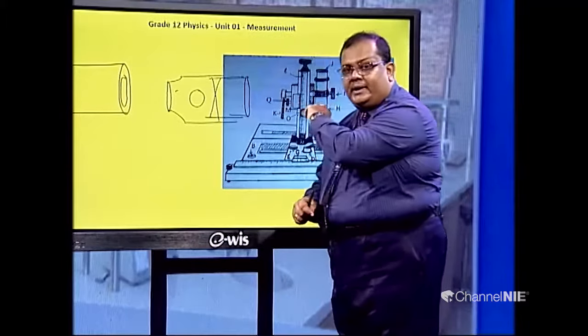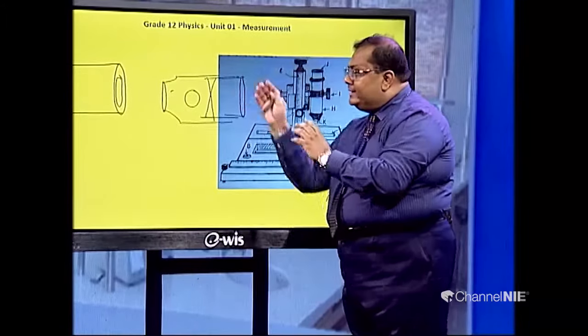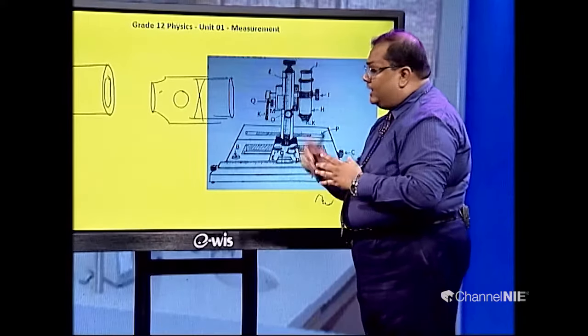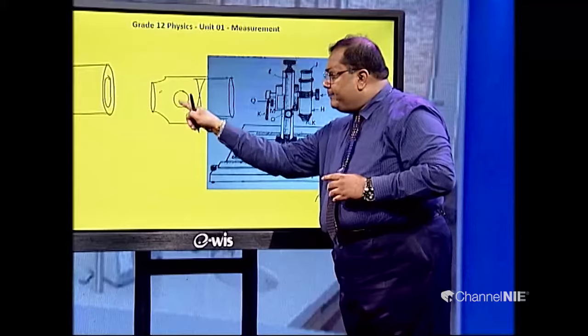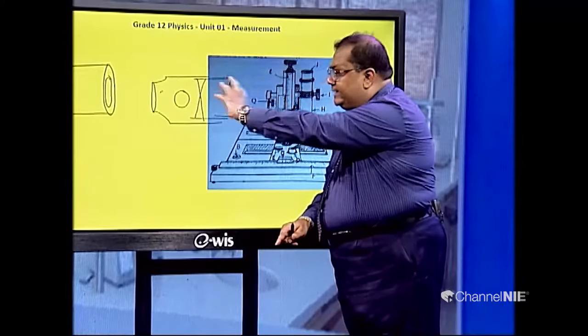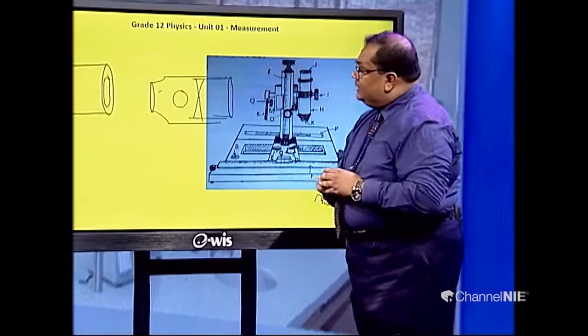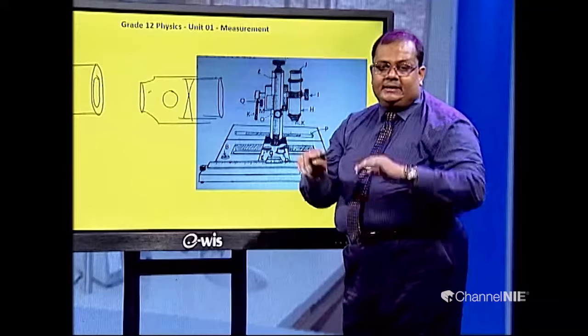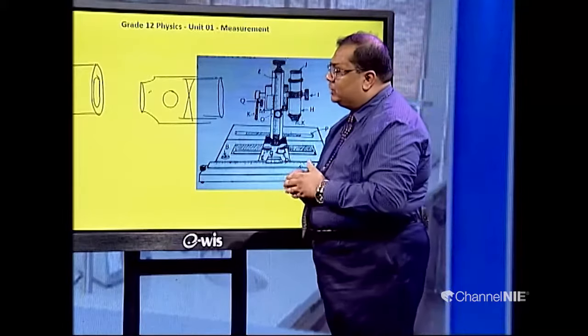How do you move that? Using the focusing screw, forward and backwards. It can be moved. And after that, we are taking the vertical diameter and horizontal diameter both.